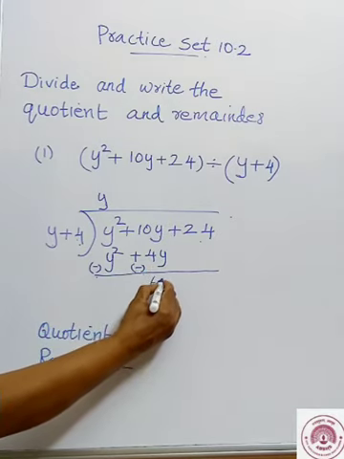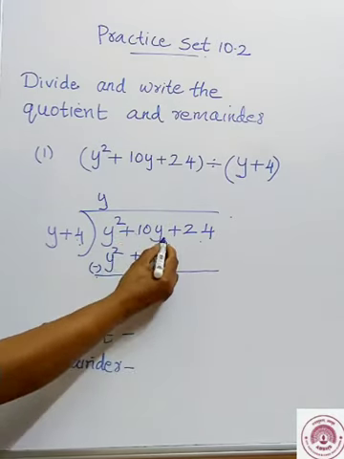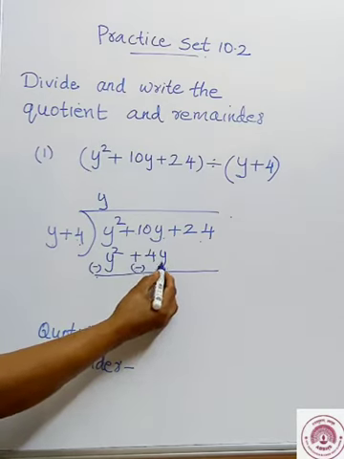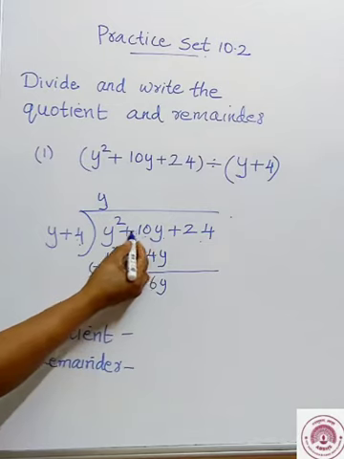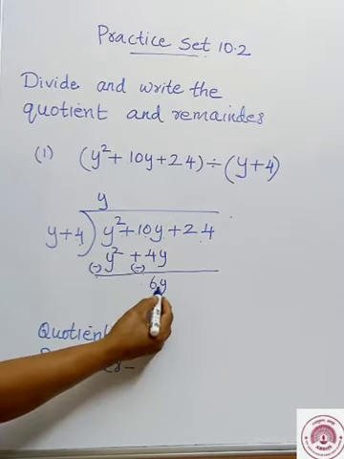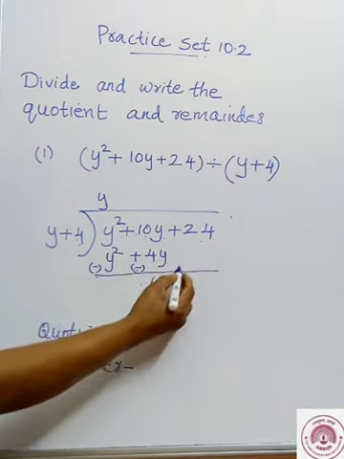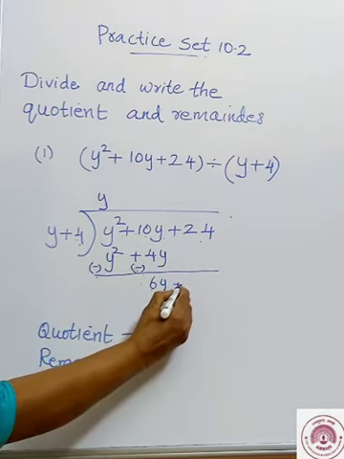Answer is 6y. Plus 10 and minus 4 difference is 6. Bigger number is 10, so its sign is plus. So this is plus 6y. And writing the next term plus 24.